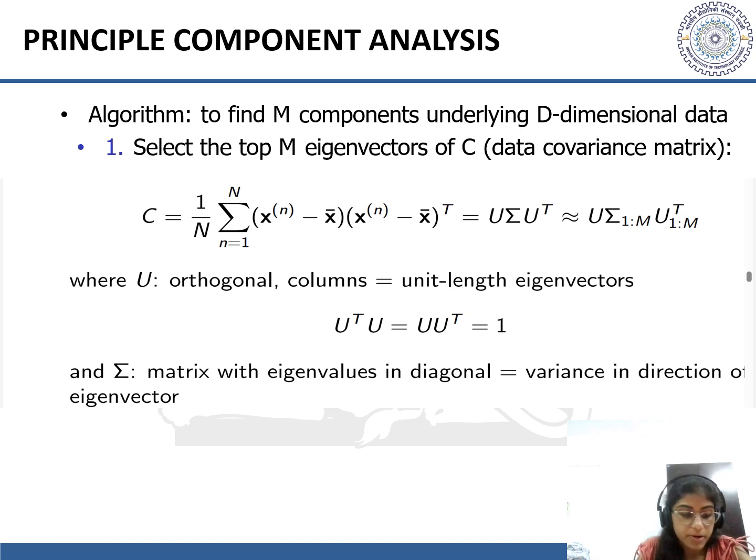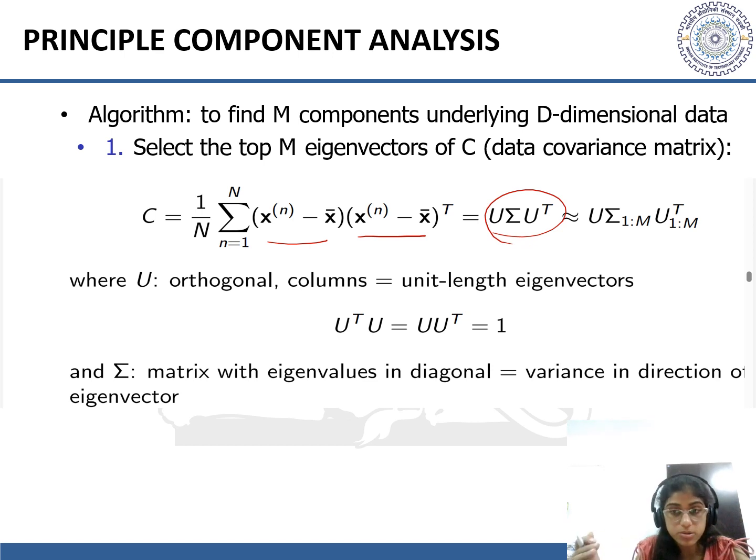So for the data covariance matrix, I have C equals 1 by n times this matrix given here, obtained by subtracting the mean of all the rows from the respective rows, taking the transpose and multiplying. The matrix I get is the covariance matrix, which is of the form U sigma U transpose. This resembles the spectral decomposition.